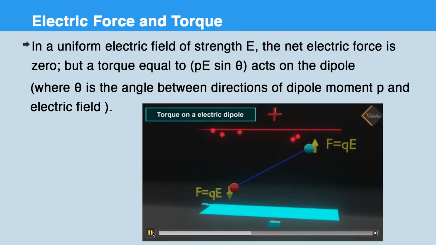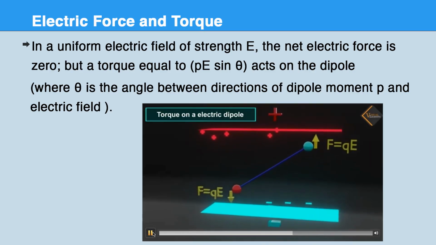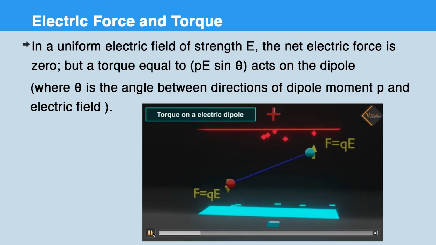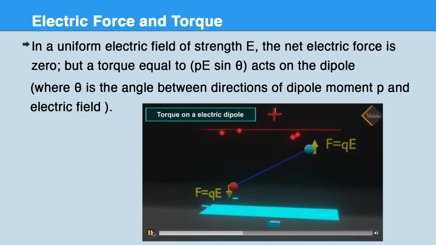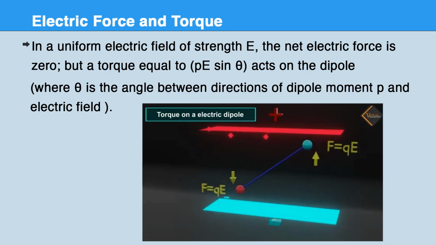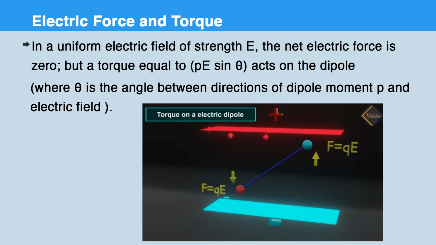Next topic is electric force. When an electric dipole, which consists of two equal and opposite charges separated by a distance, is placed in a uniform electric field, each charge experiences a force due to the field.